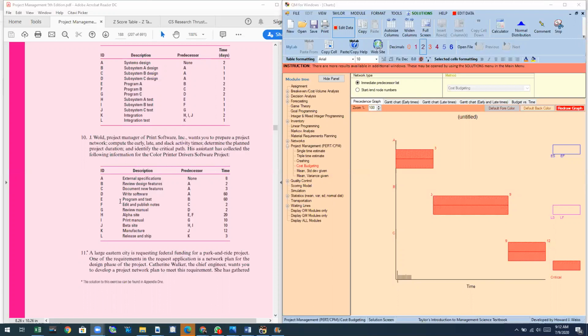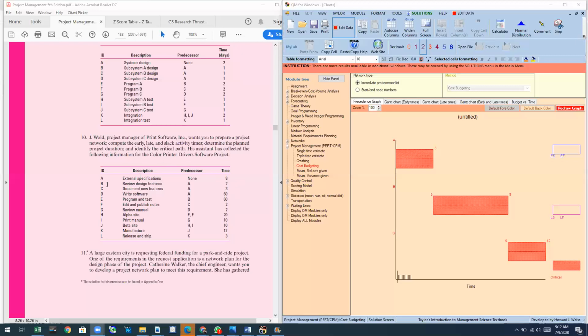Here are the data. This is the ID for each node. Here are the descriptions of each node or activity. Here are the predecessor nodes information, and these are the times for each activity.